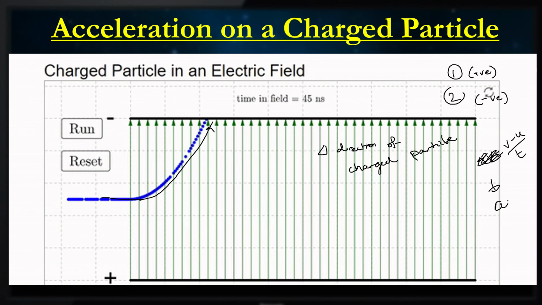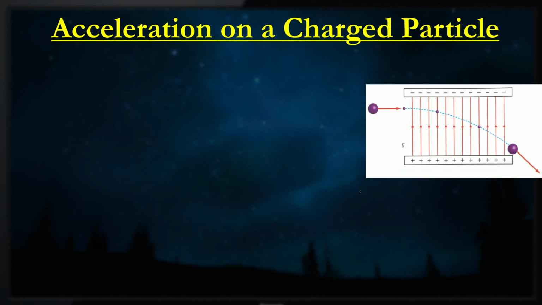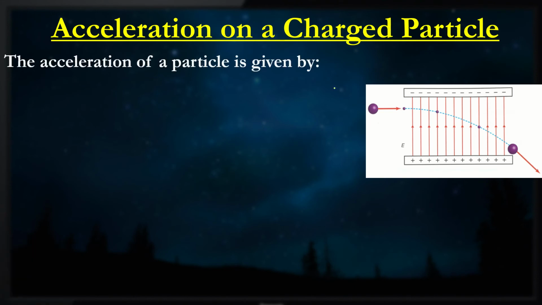Okay, so how do we work out how fast or how different is the acceleration of this charged particle when exposed to an electric field? Firstly, how do we work out the acceleration of the charged particle? Well, we know that acceleration is given as force divided by mass.